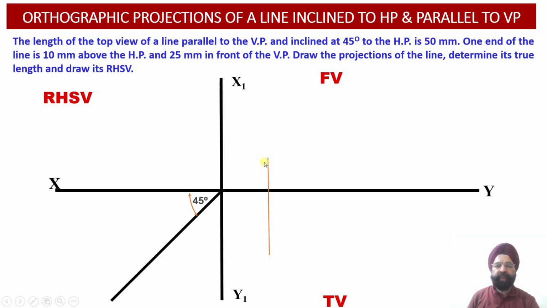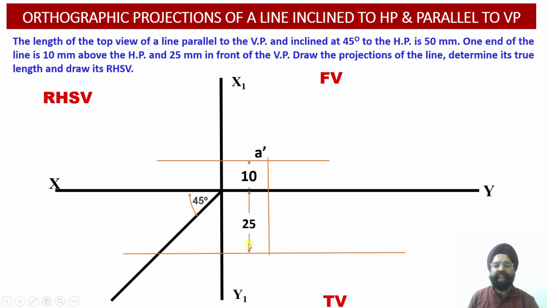So let us proceed with the evaluation of the front view and the top view projections of the end A of the line. We know that end A is lying 10 millimeter above the horizontal plane and 25 millimeter in front of the vertical plane. So let us mark this distance 10 millimeter above the XY reference line and 25 millimeter in front of the vertical plane, that is below the XY reference line.